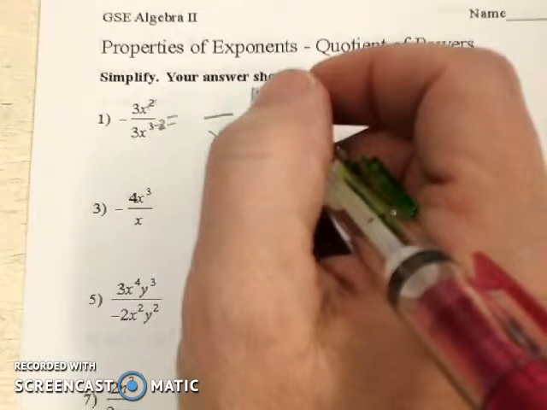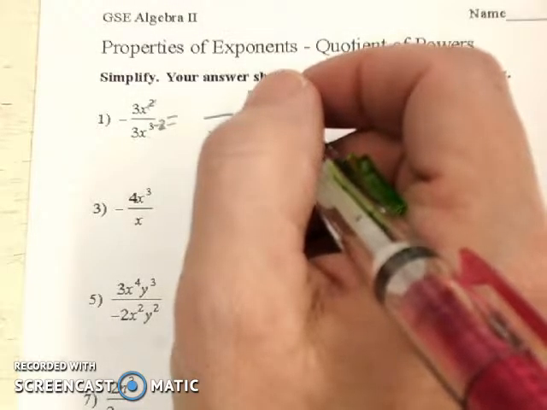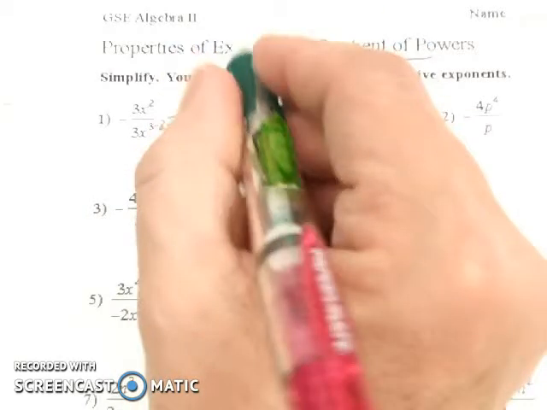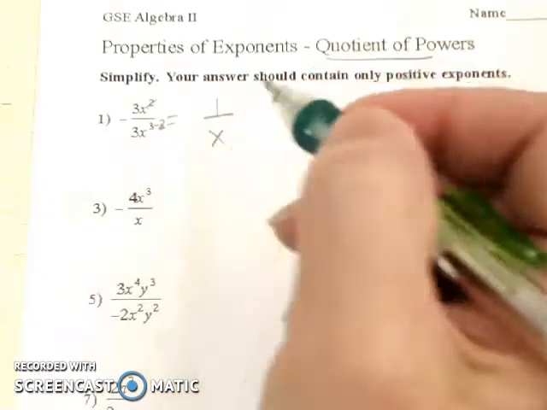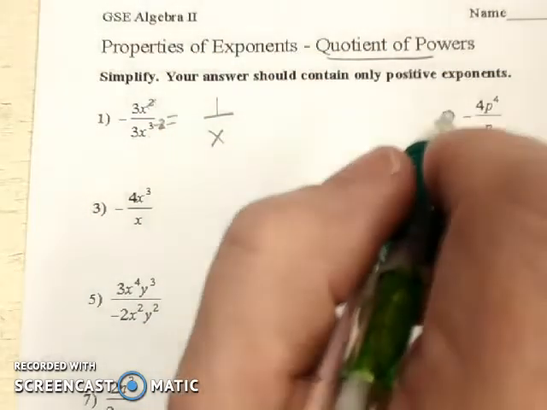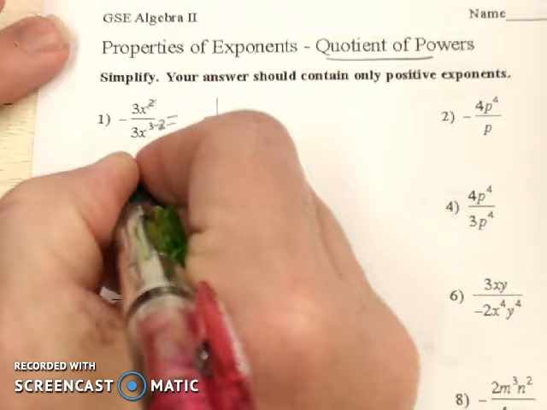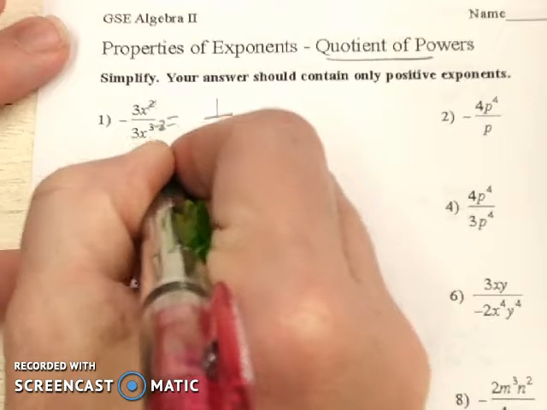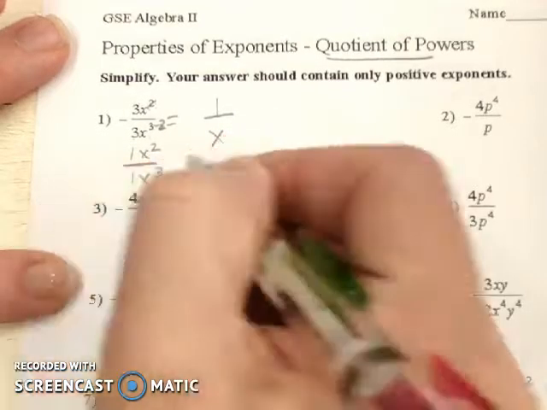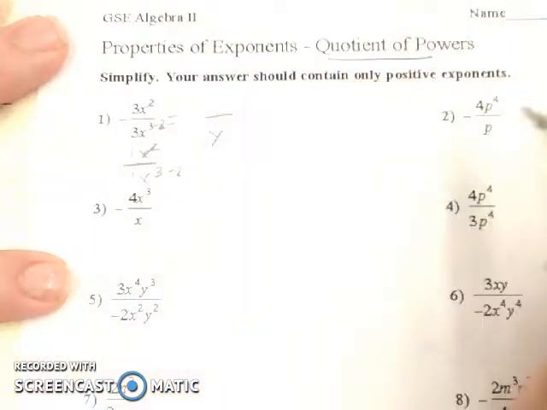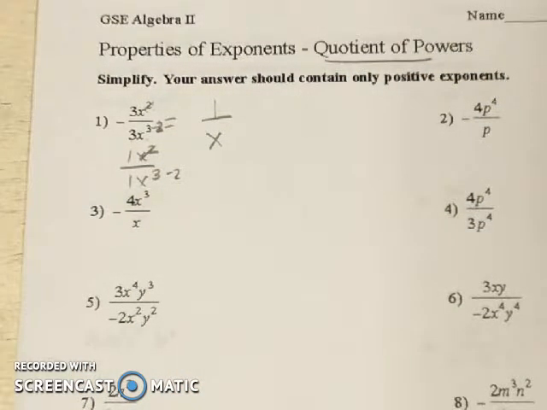Remember on the graphic organizer in the notes, I said if everything leaves the numerator, then you have an understood 1. Technically, what really happened here is I ended up with 1x squared over 1x cubed. And so when you bring that x squared down and subtract it, the 1 is still there, just so you don't get confused about that.